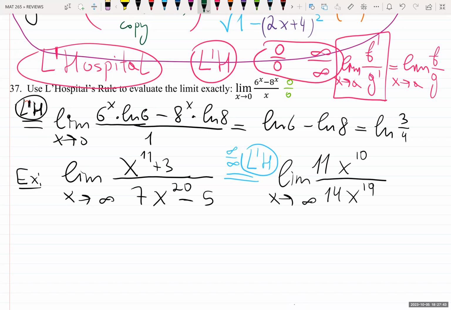It's not 11 over 14, okay? The denominator wins at infinity. You're dividing by the biggest numbers you know, so it gives you the smallest number you know. Or you actually simplify: 11 over 140 times x in the denominator to the 9. At infinity, that gives you 0. So both ways are fine.